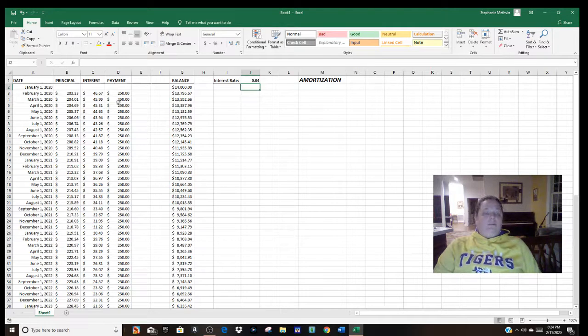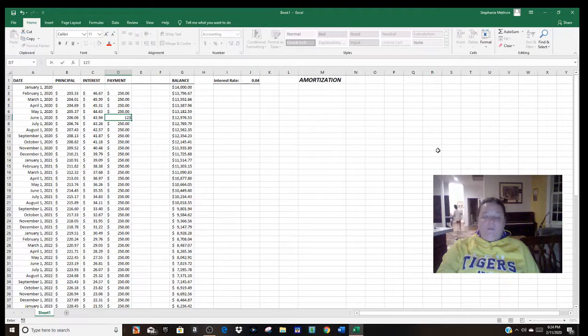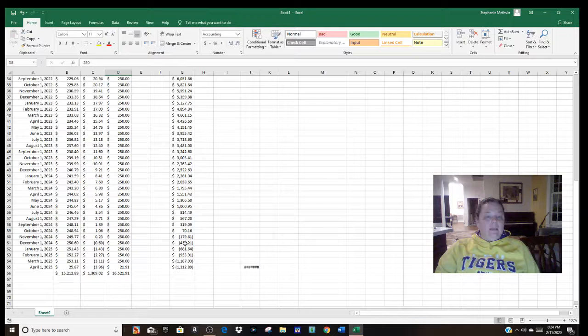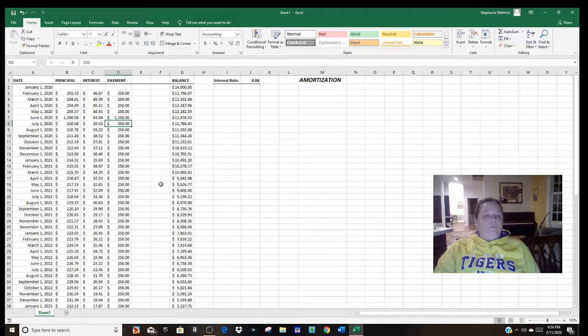Also, if you have an extra $1,000 like in February, or let's say your birthday was in June, and somehow you got an extra $1,000, you want to make it $1,250 that month. You can see how that affects your whole bottom line. You can go down to the bottom and see, oh, that just paid you off 6 months sooner, which is pretty cool.